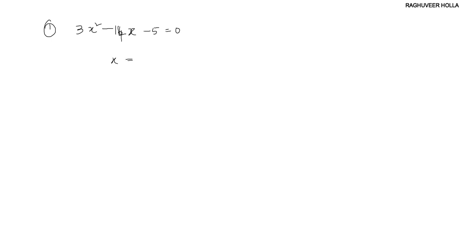If I consider 3x squared minus 14x minus 5 is equal to 0, x is minus b plus or minus square root of b squared minus 4ac by 2a, where a is 3, b is minus 14 and c is minus 5.